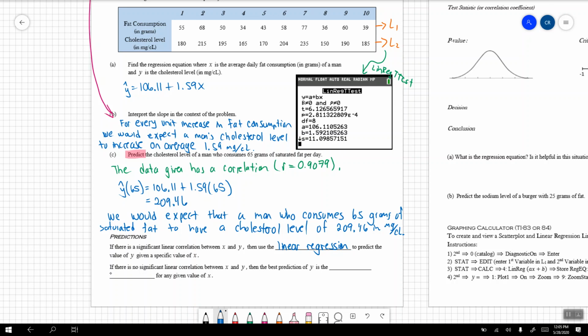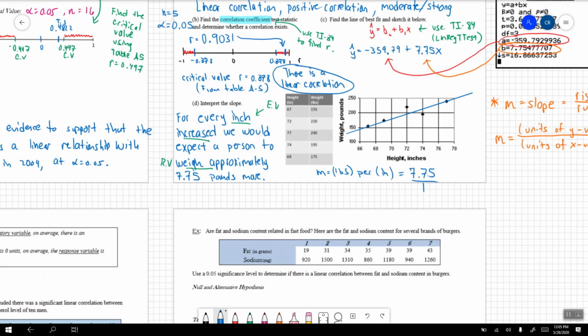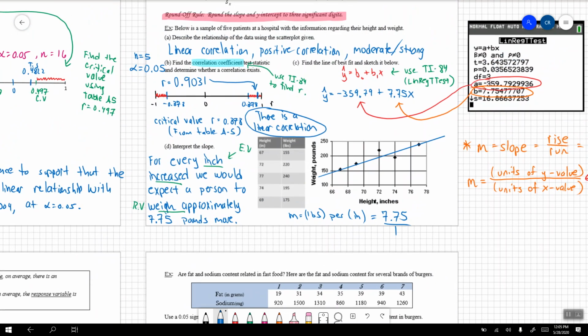Now, in the bottom part, if there is no significant linear correlation between x and y, so again, if we run our linear regression t-test and use the critical value method to check whether there is a correlation or not, and that critical value method is part B on this first example, we have to do that in order to make sure that there is a correlation.